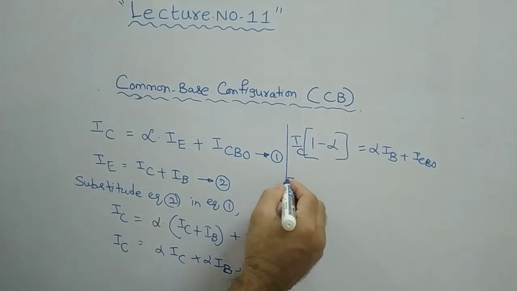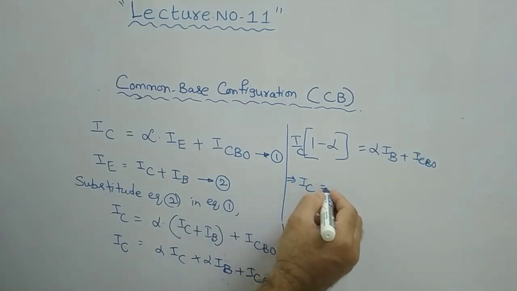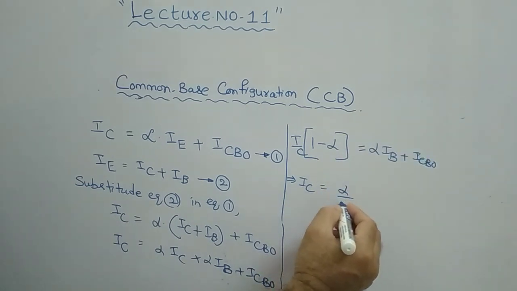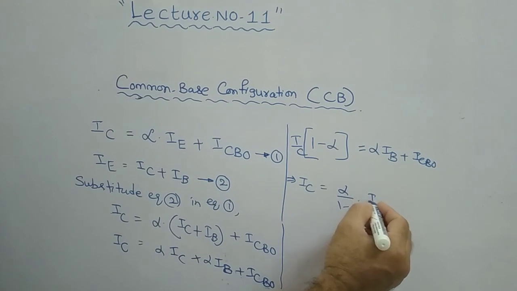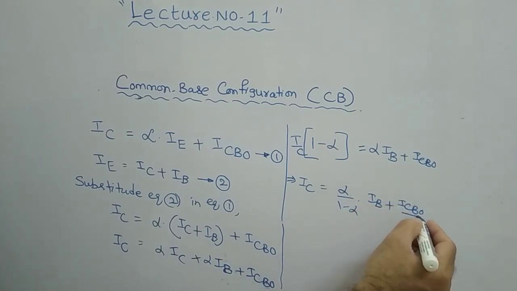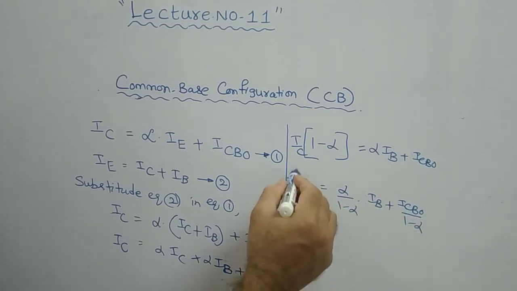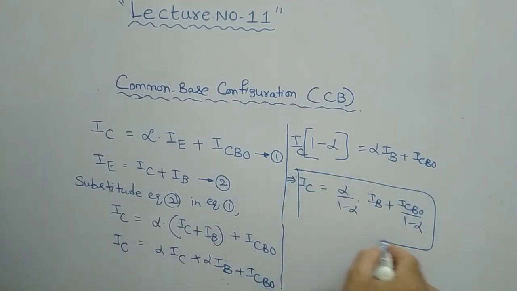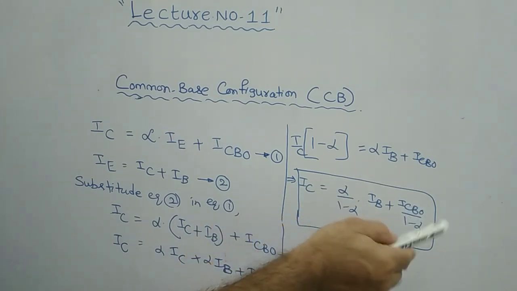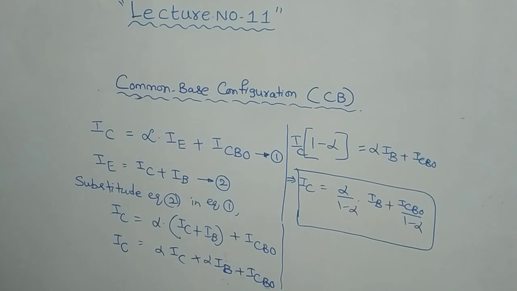This implies IC is equal to alpha by 1 minus alpha into IB plus ICBO by 1 minus alpha. This is the collector output expression in common base configuration, very important, where alpha is the amplification factor, also called current gain.